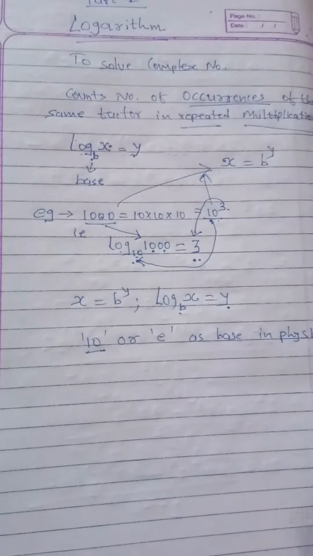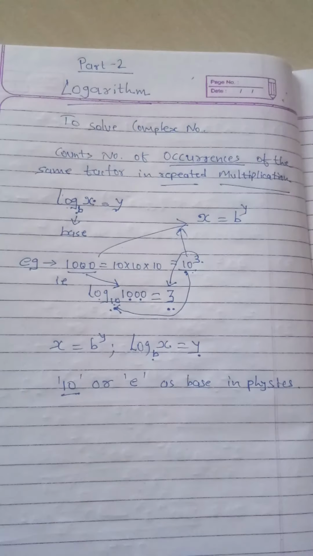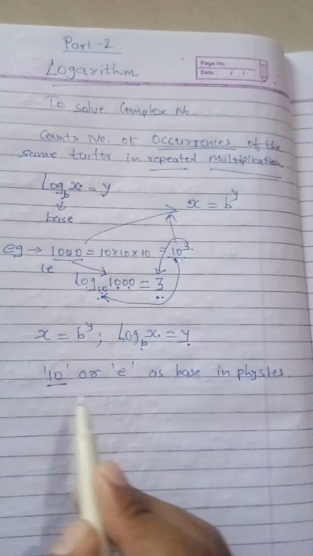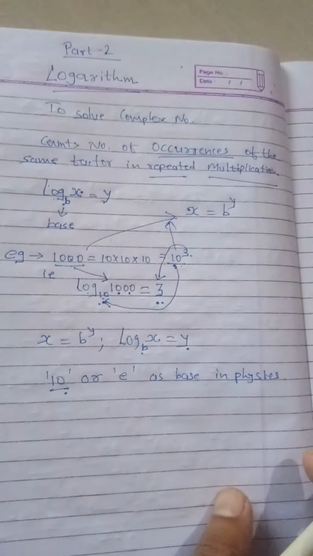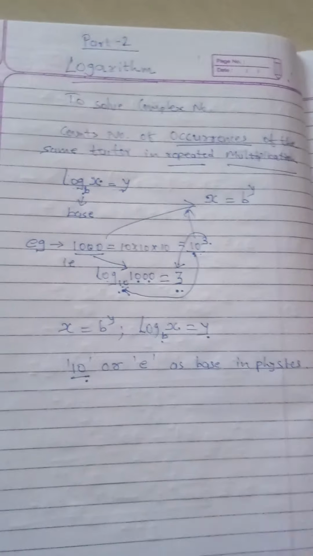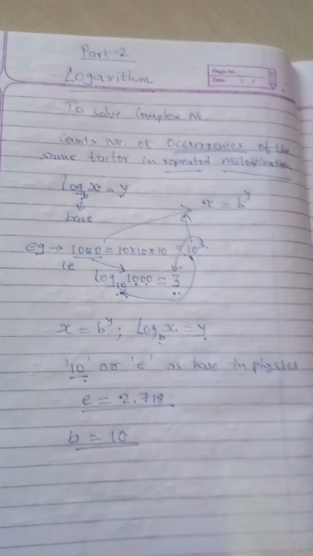Just right now remember that the base is 10. Now, what about e? e is a constant whose value is 2.718. We are not using this right now, it is in a higher standard. Just now we are using base 10 only.